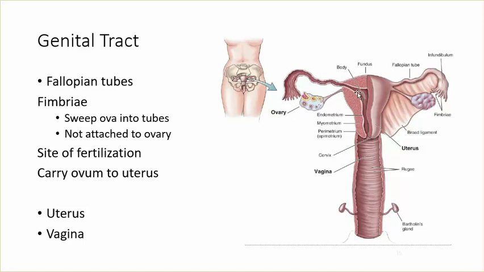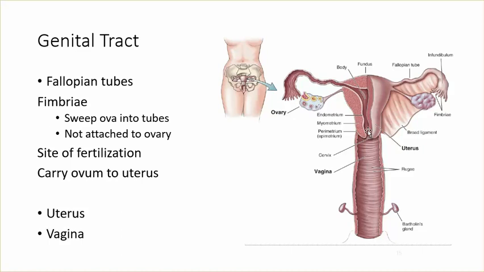There's a special lining of the uterus called the endometrium. There's a muscular wall called the myometrium, and then on the outside is the perimetrium. Okay? Now, the uterus extends down into the vagina in an area called the cervix.